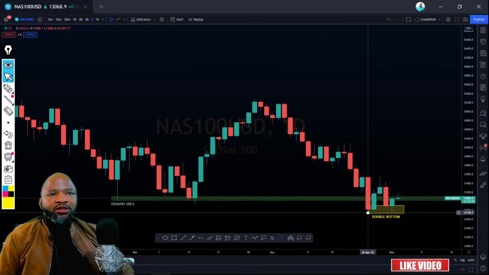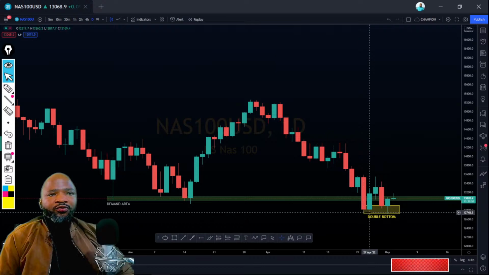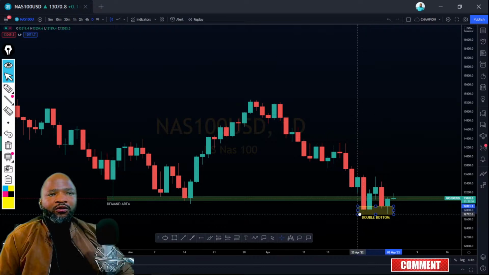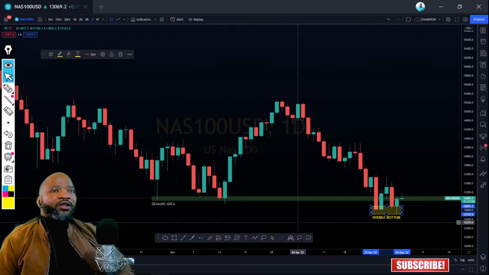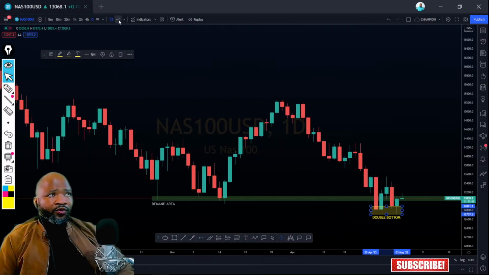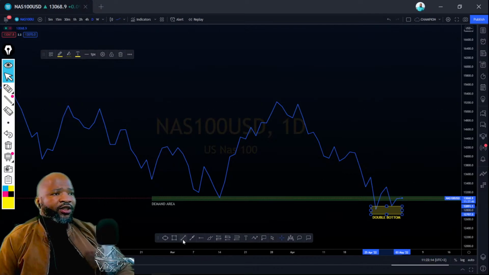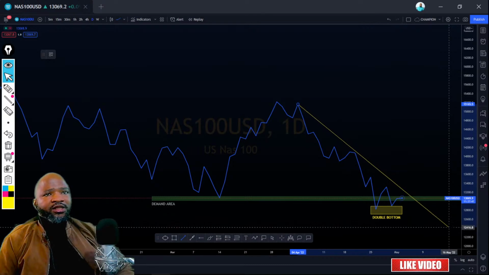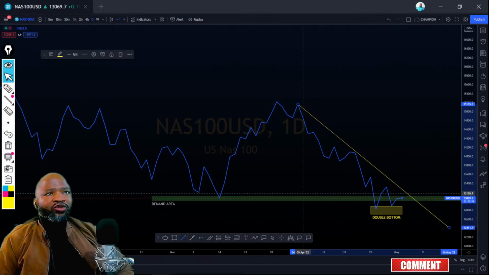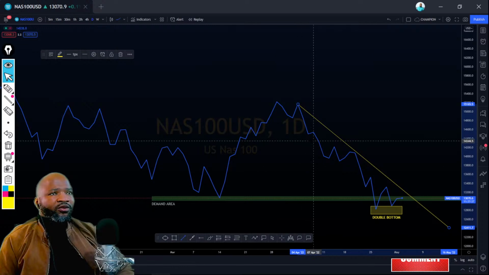You will see it. We're going to move with the time frames from the bigger one to the lower one. Let's go to the line chart so that you can witness this bearish channel forming right there.